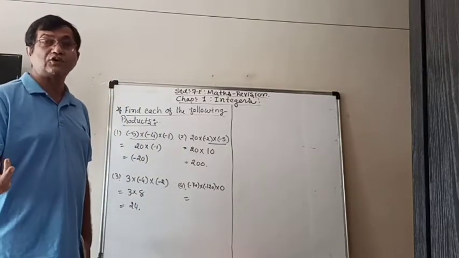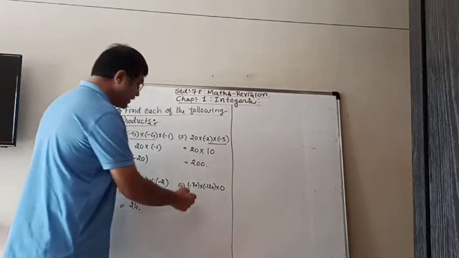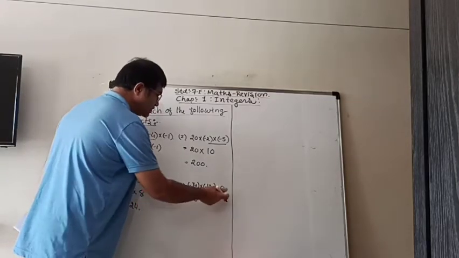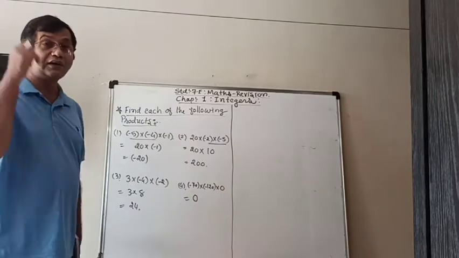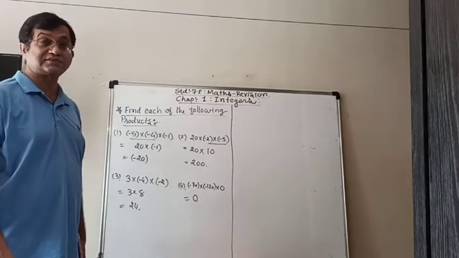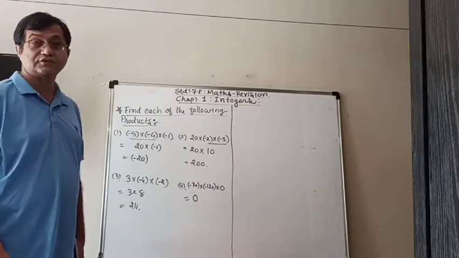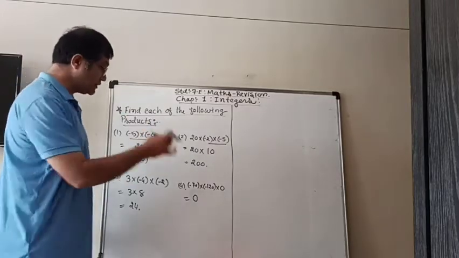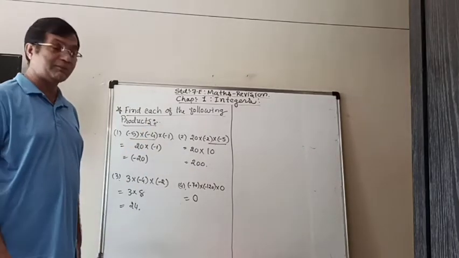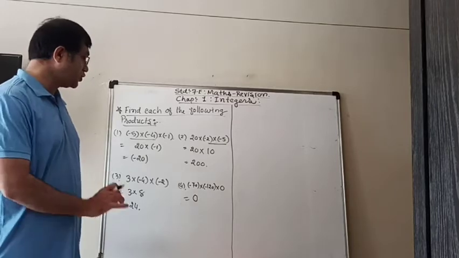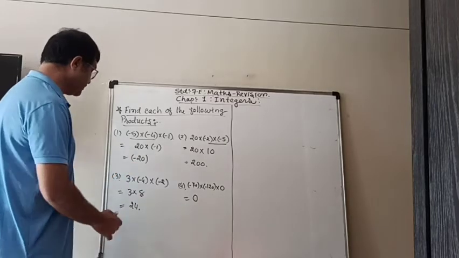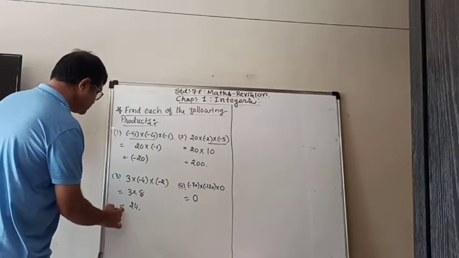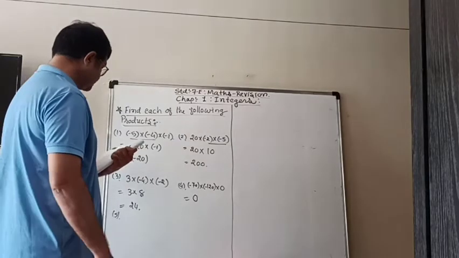Everything multiplied by 0, what is your answer? 0. So directly you can write an answer. Here, mental marks, not for the method. You have to use your mind that whenever 0 is there in the multiplication, you don't have to multiply anything. Just write down 0.